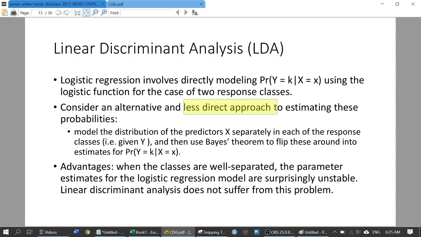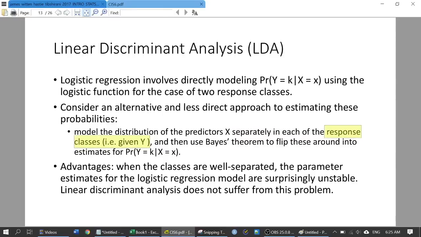The alternative way is to model the distribution of the predictors x separately in each of the response classes. What it means is that let's say you have two response classes. Y has two categories, whether defaulters or non-defaulters.